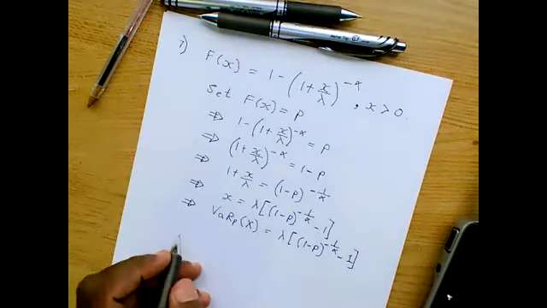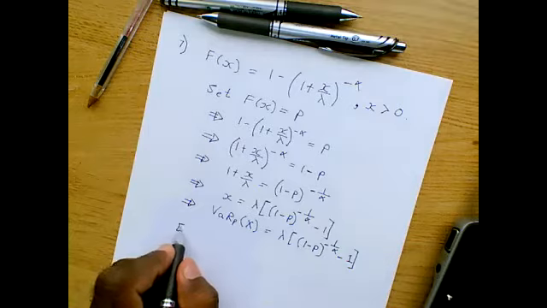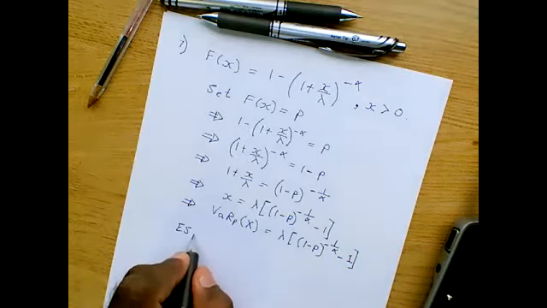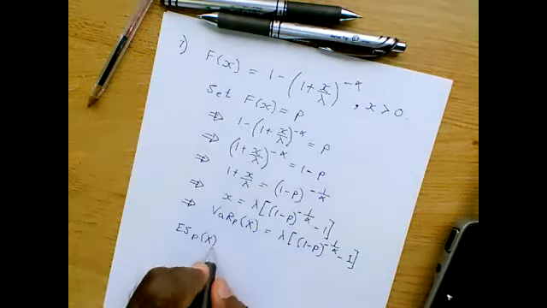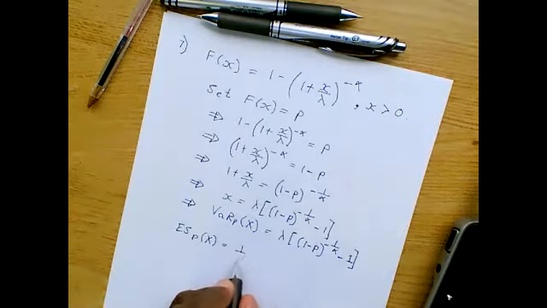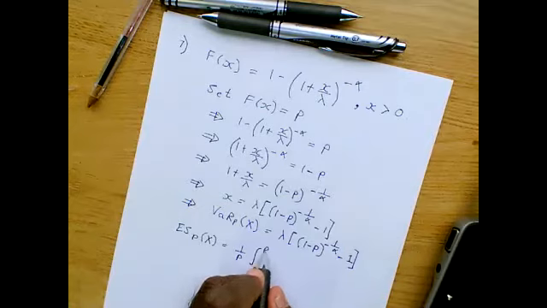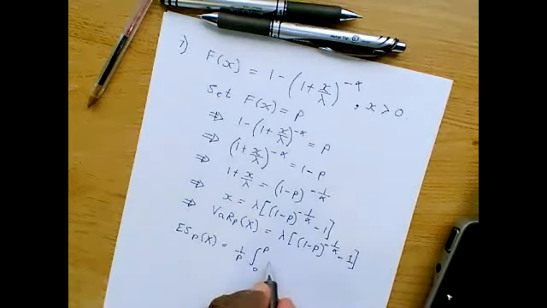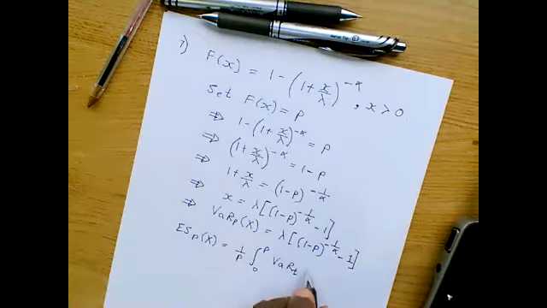Now to find the expected shortfall, ES, you will use this formula I gave you earlier. All right.